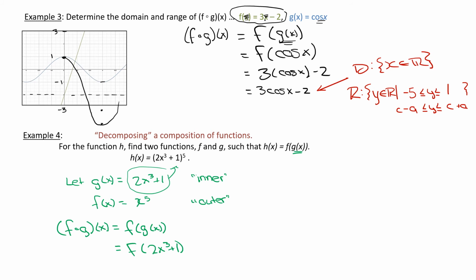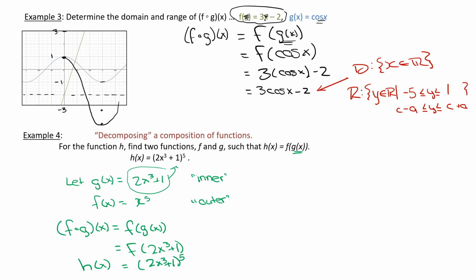So that gives us our h at x, which is 2x cubed plus 1 to the power of 5. So that's h at x. The question was asking us to find two functions that would result in h at x.